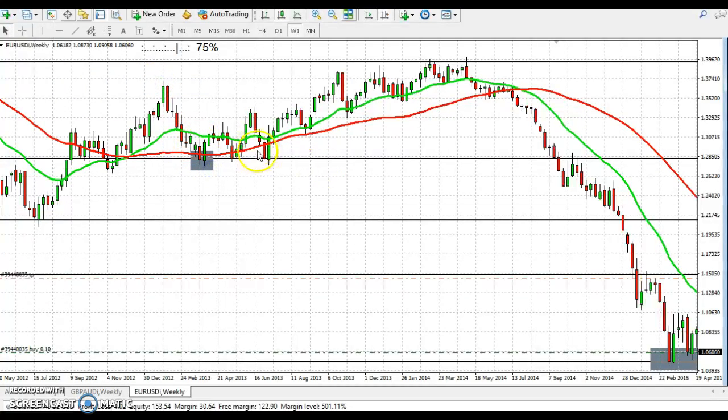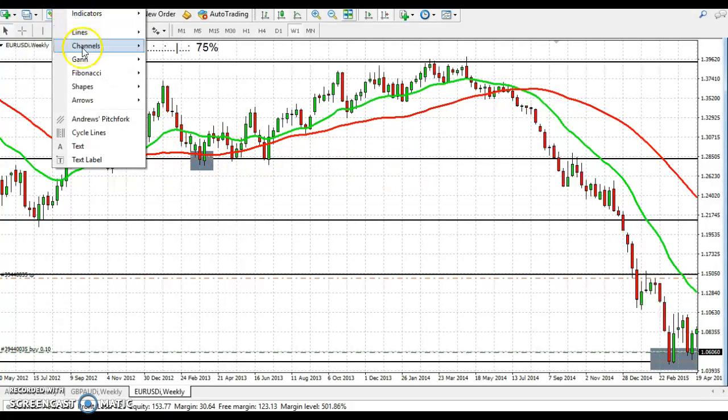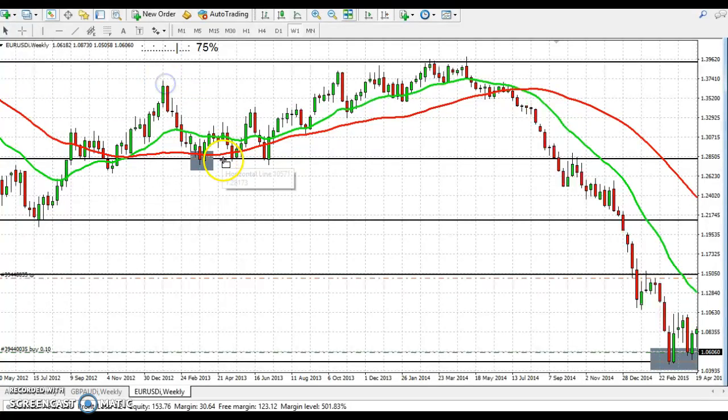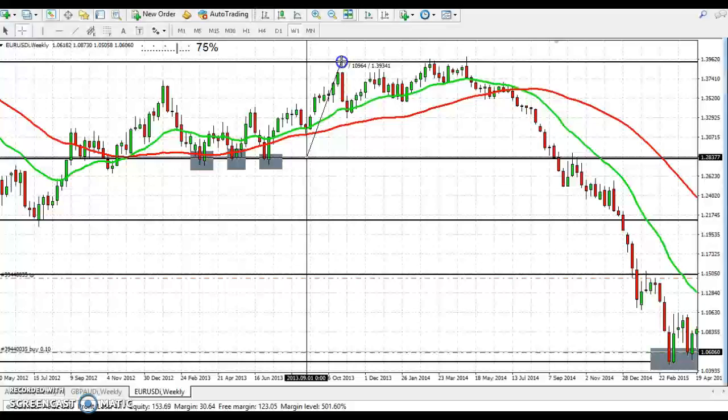And it's at a resistance, a support, I'm sorry. 1, 2, 3 touches to support. It headed back up to the resistance. That was a 1,000 pip move.